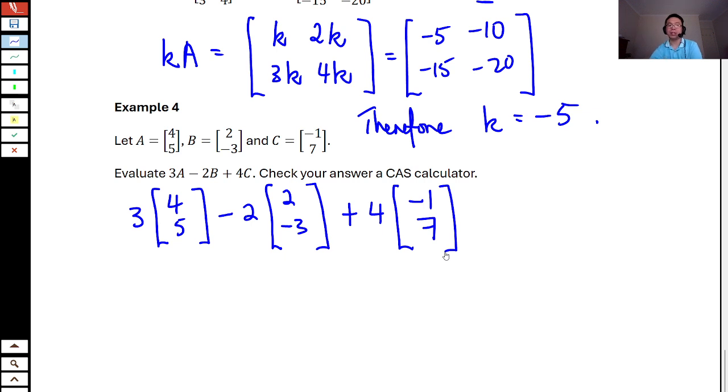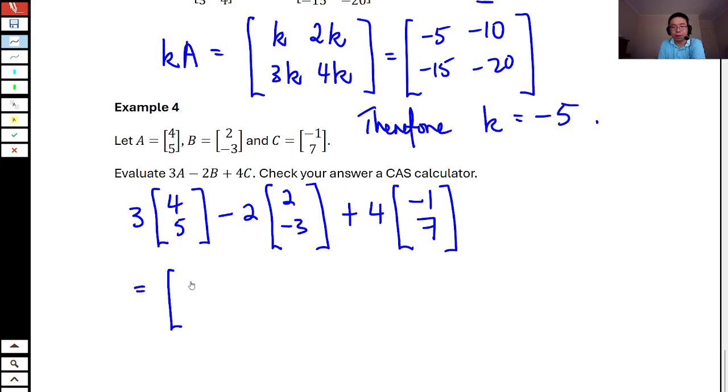So what I've done is I've replaced A, B, and C with their respective matrices, and I've written the scalar out on the left. Remember, when I write a number to the left of a matrix, this means scalar multiplication.